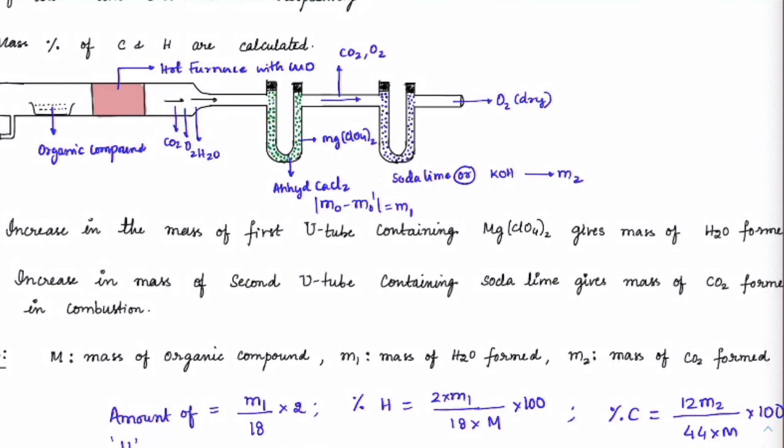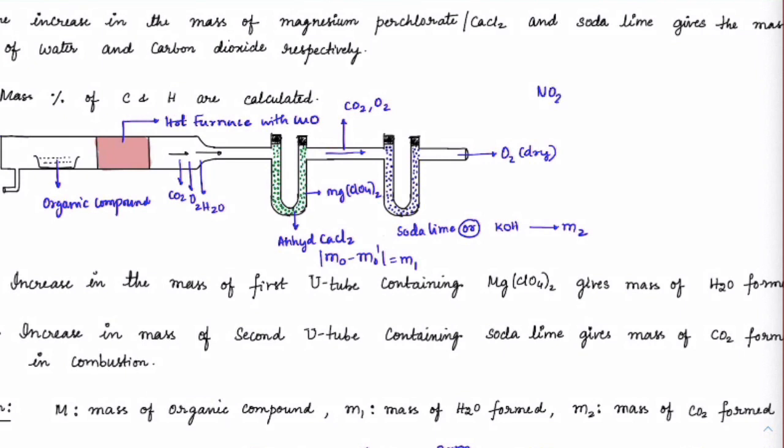That is the reason why we are using copper oxide, because if there is any nitrogen which is converting into nitrogen dioxide or nitrogen oxide, nitrous oxide, N2O4, any of this formation, in the presence of CuO, it will get reduced only to N2 and copper will get oxidized. So all of this nitrogen will get reduced only to N2 gas in the presence of CuO. That is why we are using CuO rather than directly making a combustion.